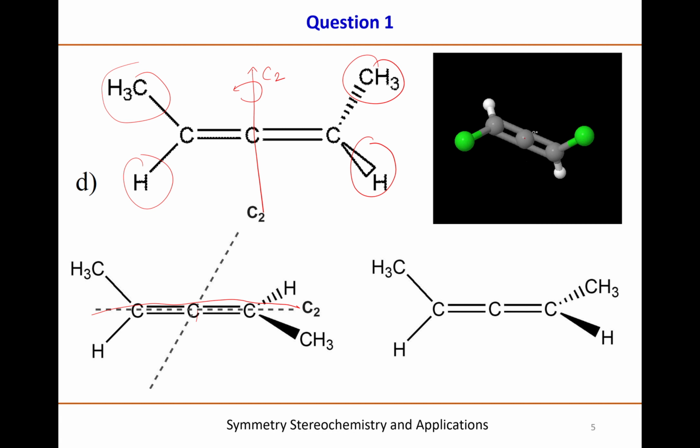I can't explain well on the plane of paper, but still I'm trying with this image here. Okay. So here there are two C2 axes present. One is principal and one is subsidiary axis. So that's why the point group is D. Okay.